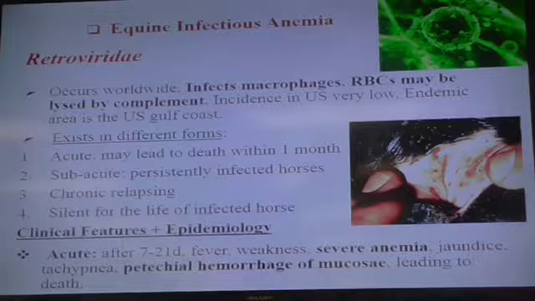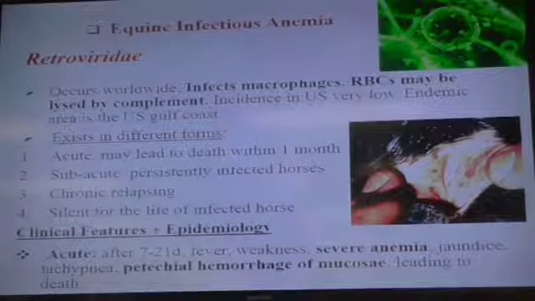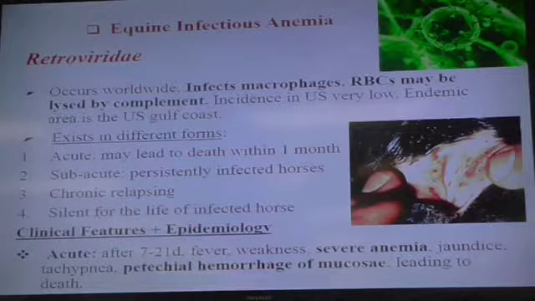That's a feature of retroviruses, meaning that there are no symptoms for some time, and then when the animals become immunosuppressed, or another disease can activate the virus from the proviral form to full-blown replicative virus.